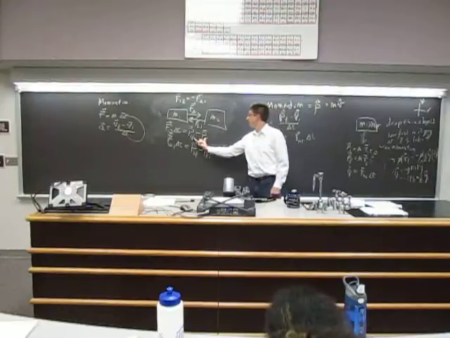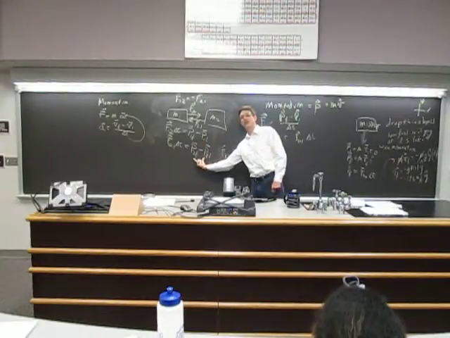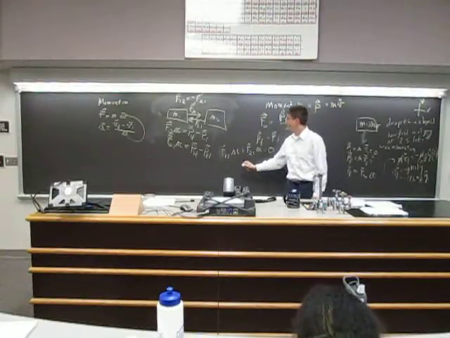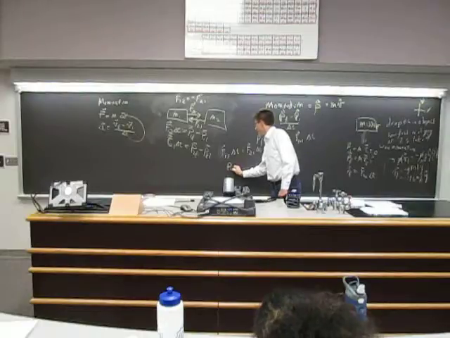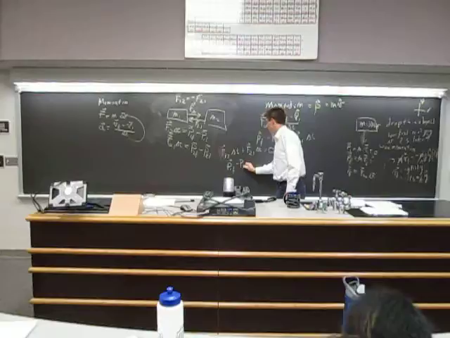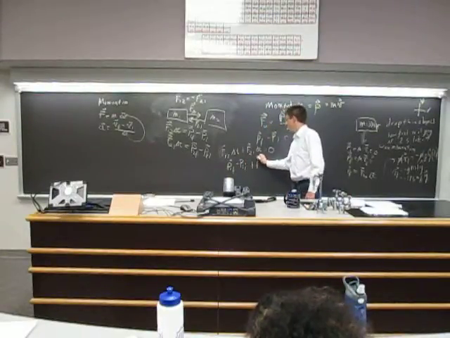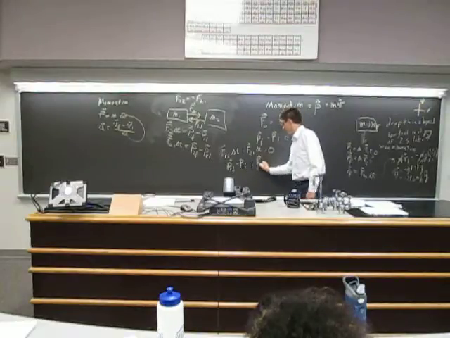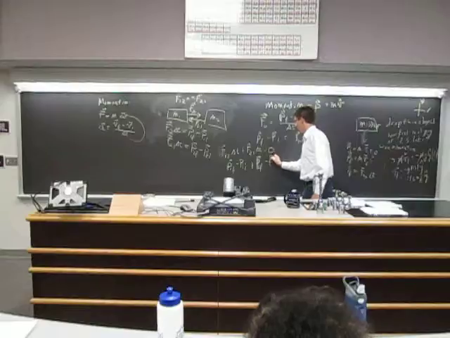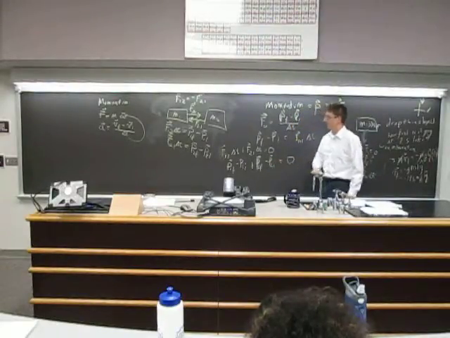Now, I'm going to take this change in momentum and plug it in here. And what I see is the final momentum minus the initial momentum of object 1, plus the final momentum minus the initial momentum of object 2, is equal to 0.